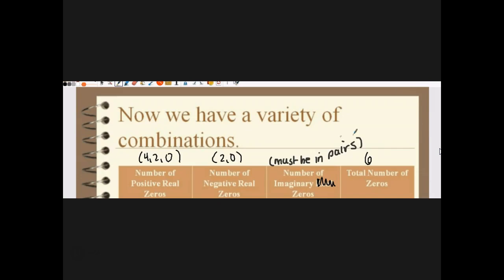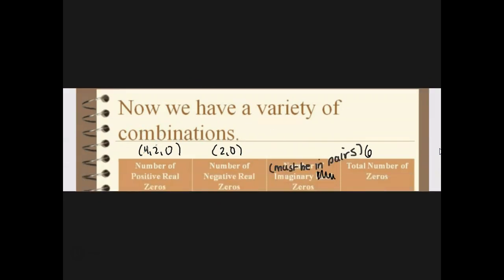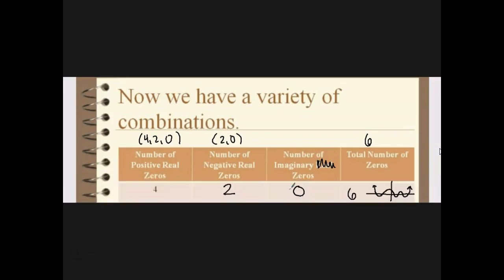So, the max number of real zeros would occur if you have all 4 positive and all 2 negative. So if I have 4 positive and 2 negative, that leaves 0 imaginary and 6 real zeros.